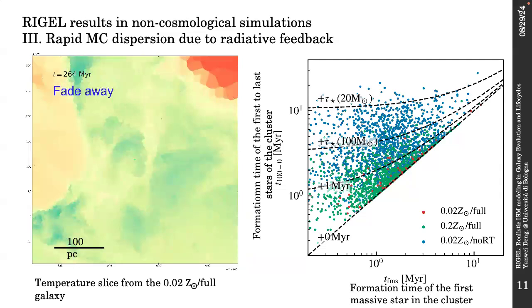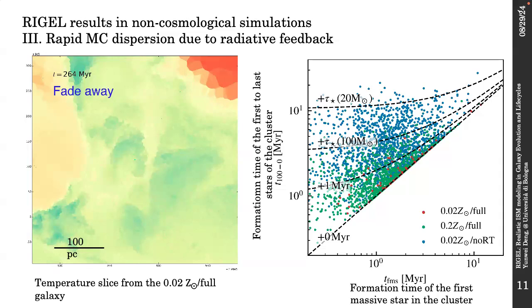This figure shows the relation between the formation time of the first and last member star of each cluster, basically the age spread, and the x-axis is the formation time of the first massive star in the cluster. The diagonal line means that the time when the first massive star formed is exactly the time when the cluster stopped forming new stars.